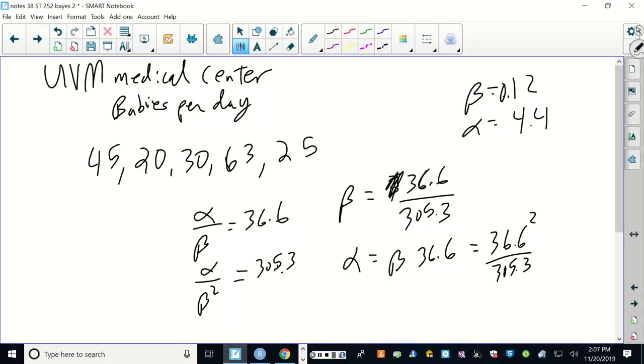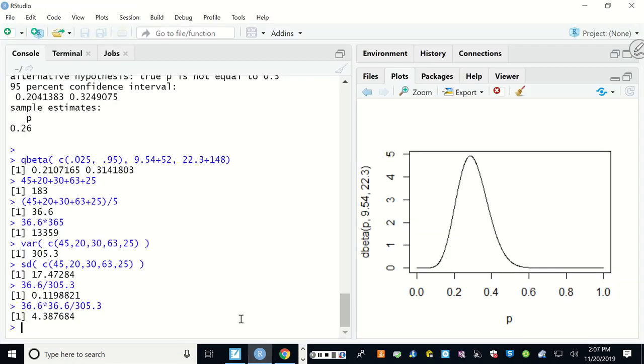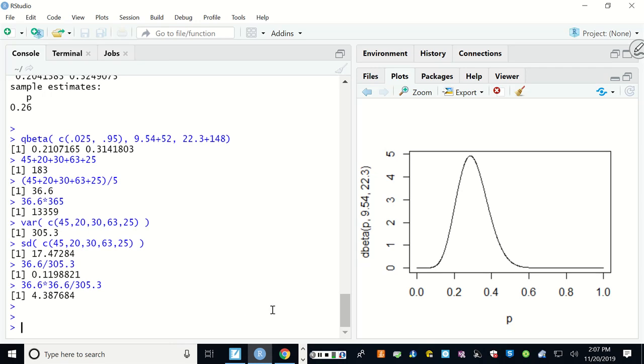So this is 0.12. Right, so we can make a little plot of that. This is for our lambda, so I'll just call it lambda. We do a sequence from 0.1 up to like 400, by 0.1.